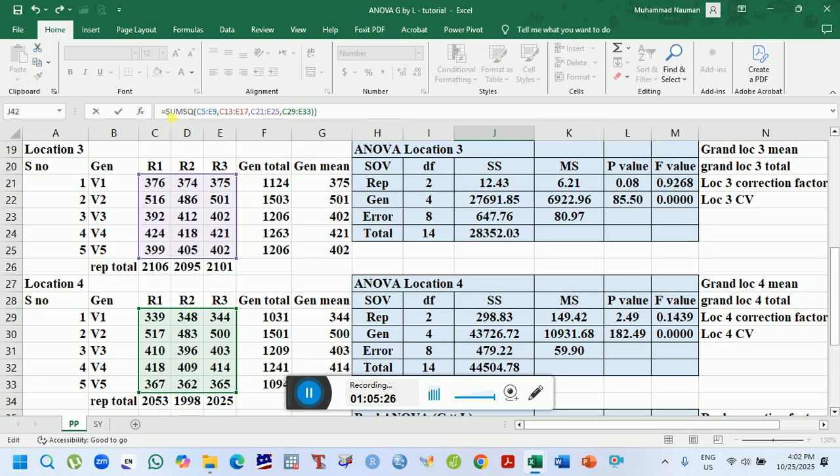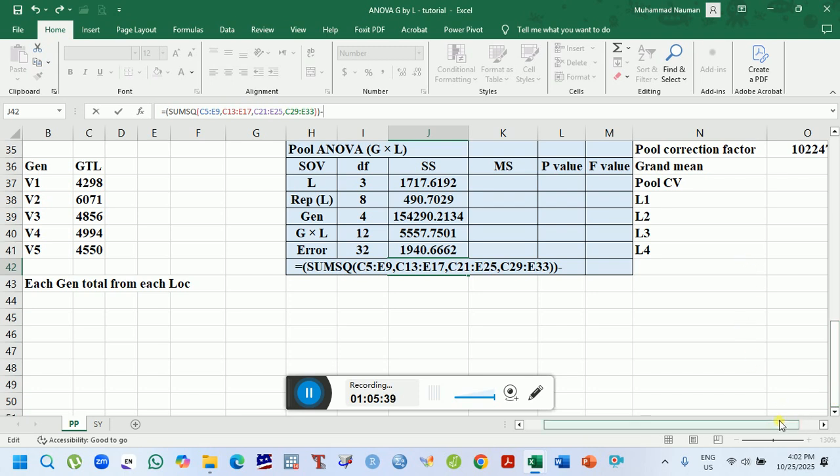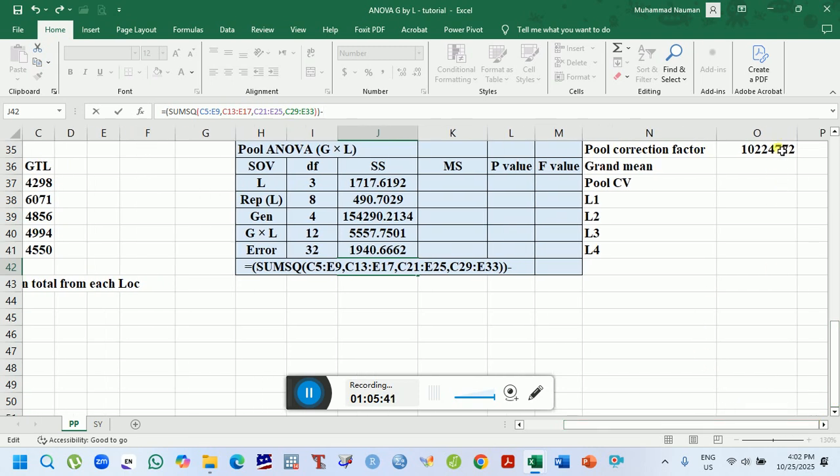Put this in one bracket in order to subtract it from the correction factor. Minus correction factor.